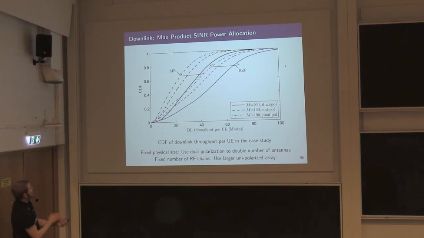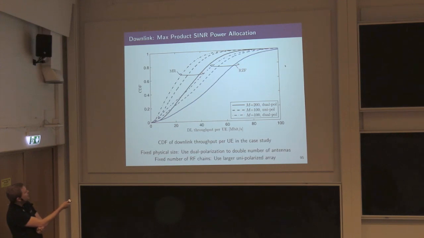And if you optimize the max product SINR, this is what you're going to get as a cumulative distribution function for the downlink throughput. It varies between different users in the cells when you maximize the max product SINR. And we can see, if we compare the different types of arrays here, the more antennas we have, the more happy we are, as we would expect.